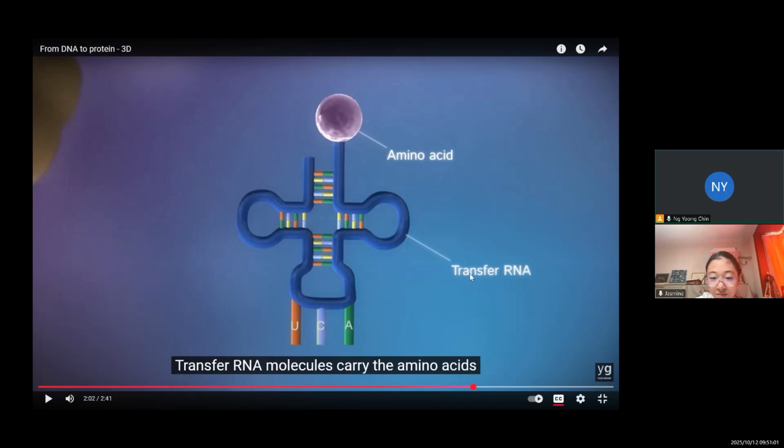Actually, we have about 3 types of RNA. We only have 1 type of DNA, but we have 3 types of RNA. It's because RNA has shorter strands and a simpler structure. So RNA has the flexibility to fold and become different types.